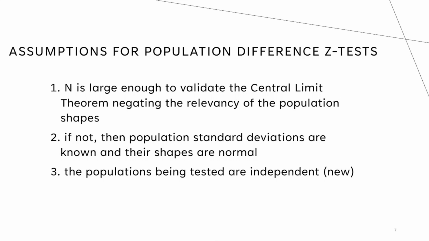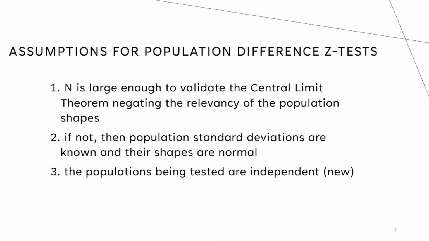If n is not large enough, we could still use the z-test, provided that the population standard deviations are known and the population shapes are normal. Again, it's not a really realistic situation, because we're not looking at knowing the population standard deviation, because you'd also know the mean.